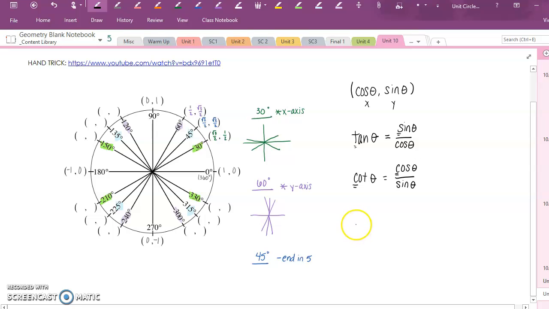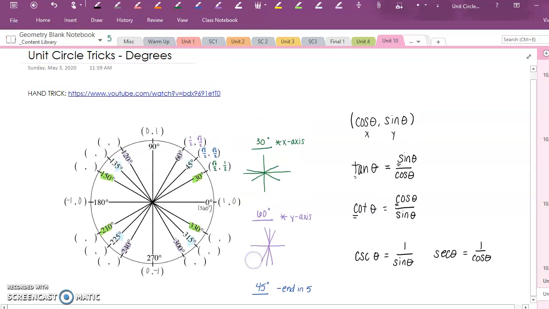Then we have cosecant, which is 1 over sine. And then we have secant, which is 1 over cosine. These are opposites, so you're going to have to remember that for cosecant, sine is on the bottom, secant, cosine is on the bottom. And those are all of the tricks for the unit circle in degrees.